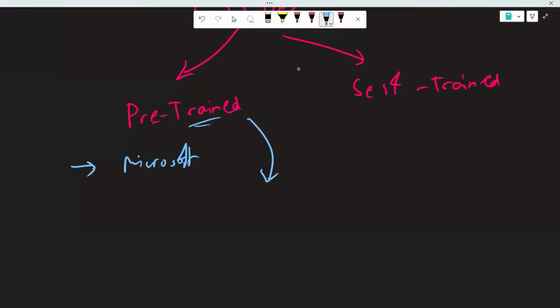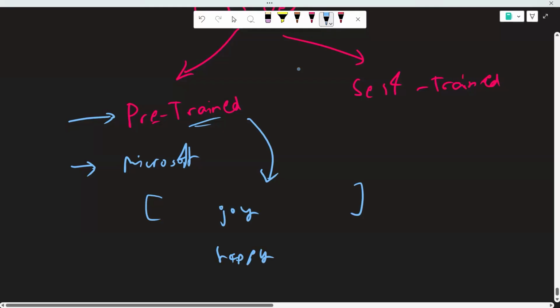Same thing has happened for Word2Vec. A company like Google has already trained the model on a huge chunk of data. Imagine in NLP, you would have so many words, right? How would the model understand that, let's say, two words like joy and happy are similar to each other? The reason is they have already trained it on so many English words that the model recognizes that joy and happy are similar, because that kind of training has already been done.